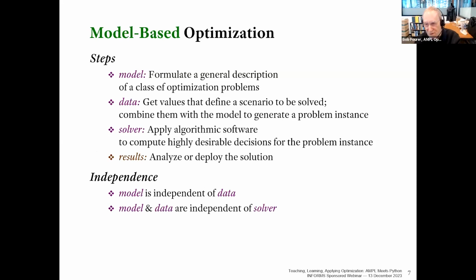The data is a separate thing from the model, so your model is general and can work with all sorts of data scenarios. And the model and data implementation is independent of whatever solver you use, so you can use all sorts of solvers and pick the one that's best for your situation. You don't write a solver specifically for an electric transmission problem or a portfolio problem. You write a general solver that can work with all sorts of models and data.